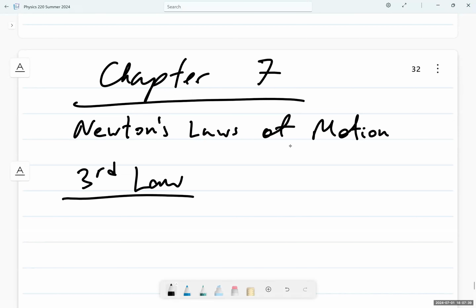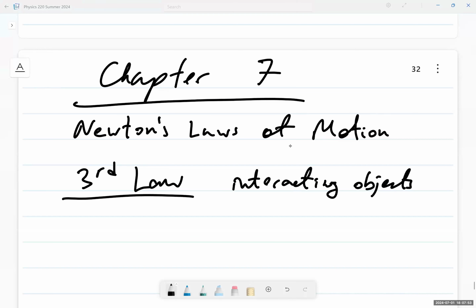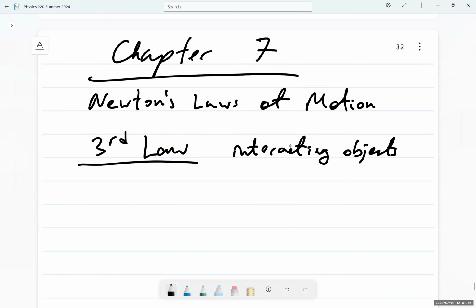It's mostly about more than two objects interacting. One of the things we will see here is, for example, let's say you have a box of mass M, and you are pulling this to the right with some tension force.